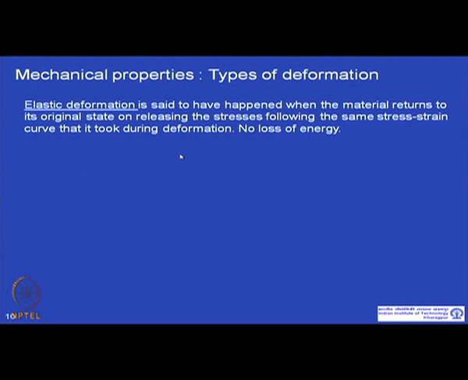One is elastic deformation. You probably know that elastic deformation happens when a material returns to the original state, releasing the stresses, following the same stress strain curve that it took during deformation. So, if you apply stress, it will deform. If you release the stress, it should come back in the same path, stress strain curve, to the original state.